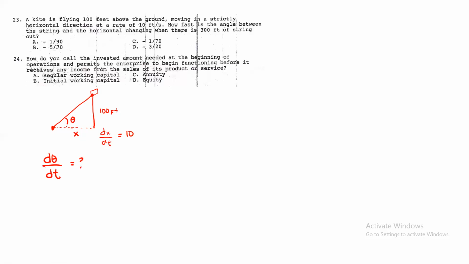Ang gagamitin nating formula dito, tangent ng theta is equals to, magpo-formulate ka ng formula ni theta para makuha mo itong d theta over dt. Ang pinakamadaling formula, tangent theta is equals to opposite, ang opposite niya is 100, over adjacent, ang adjacent natin is x.